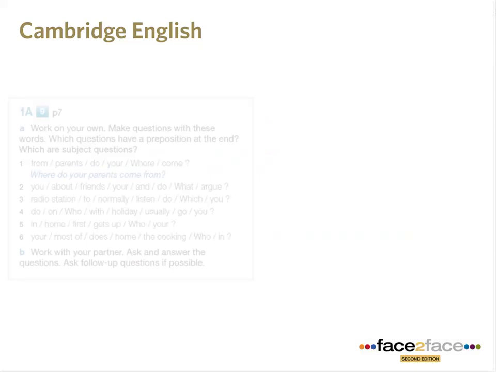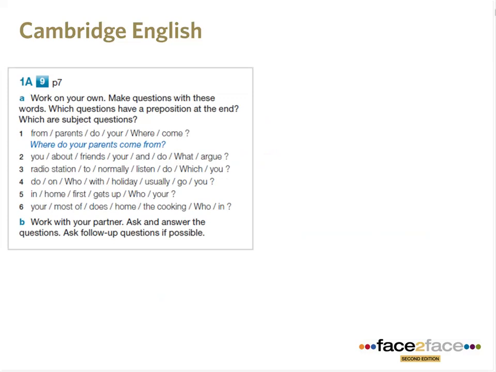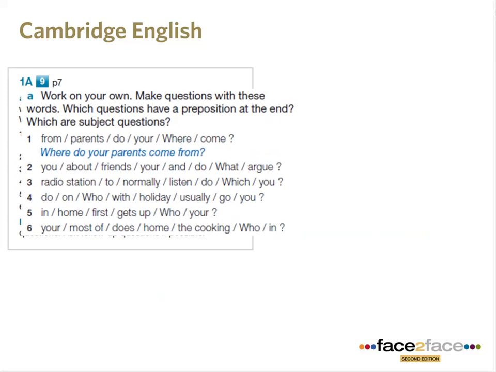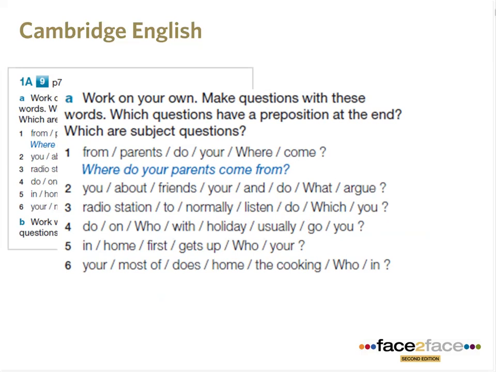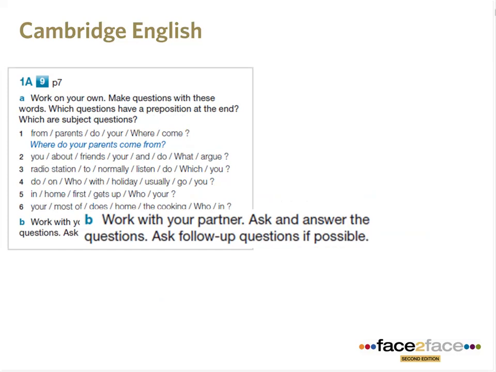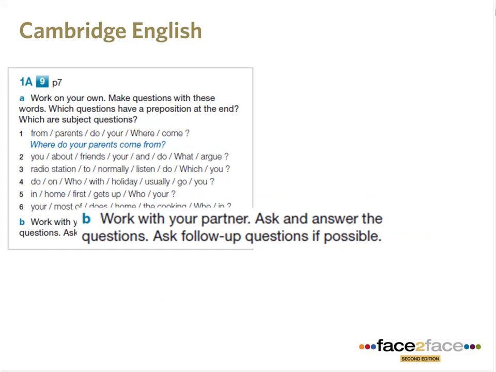Here's another example. This is for making questions and to focus on word order, particularly questions with a preposition at the end and subject questions. So they put the words in order, then they work in pairs and ask and answer the questions, which is a fairly simple thing to do if you're teaching questions.